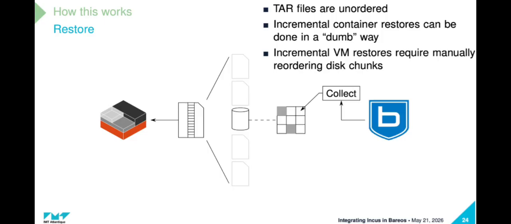And this part actually requires some temporary files, because if you're reconstructing a big disk image, then you have to have a temporary file to put the disk chunks in to reorder them and then send them back to Incus. So yeah, that's the way the whole plugin works.